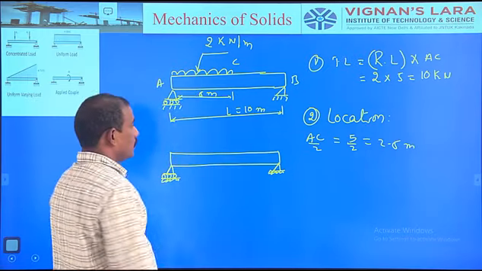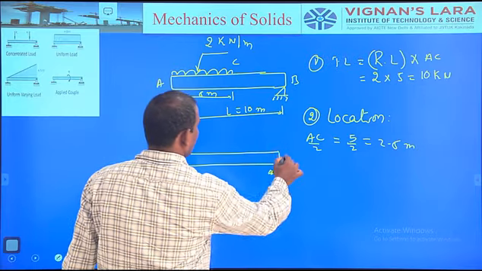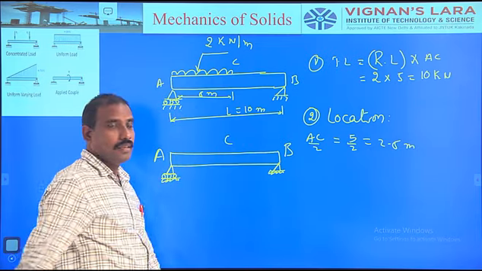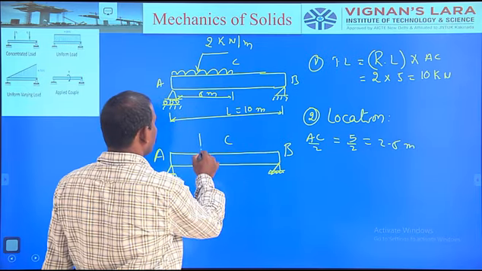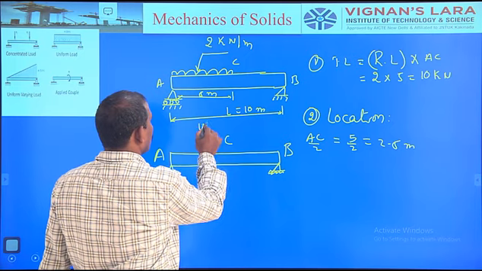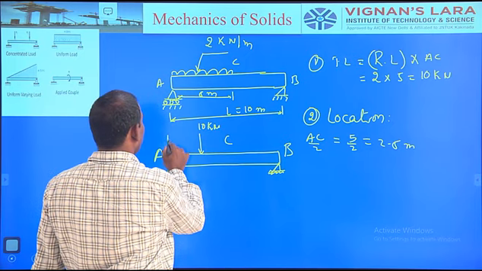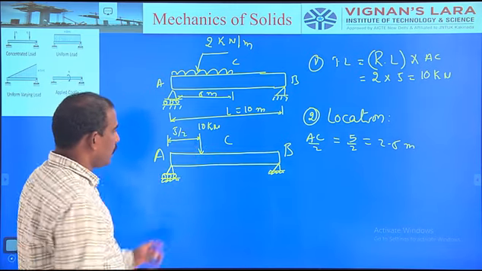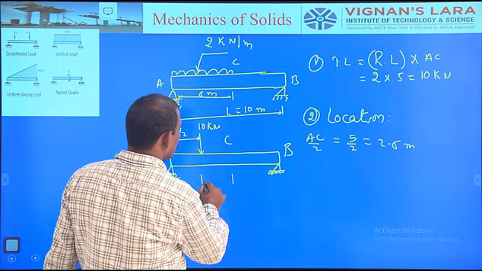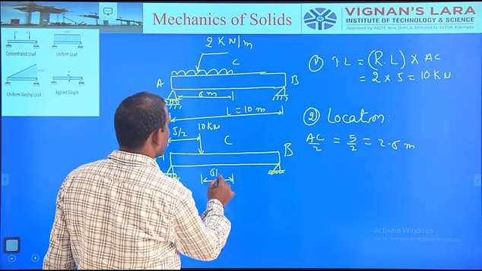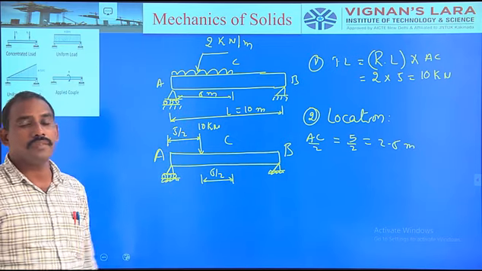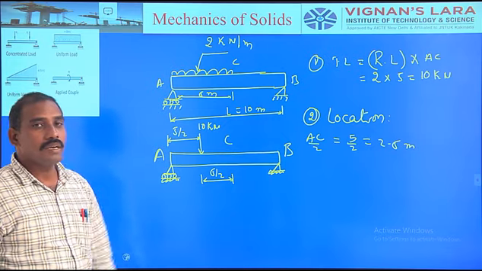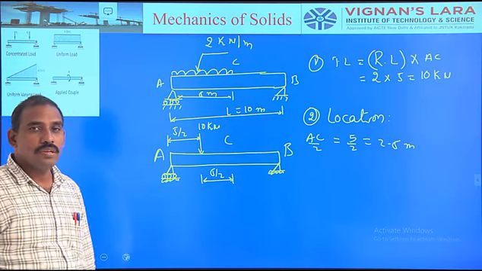This is point A, this is point B, and this is point C. The 10 kilonewtons force is concentrated at a distance of 5 by 2 from A or 5 by 2 from C, whatever it may be. So this is the location of the 10 kilonewtons.